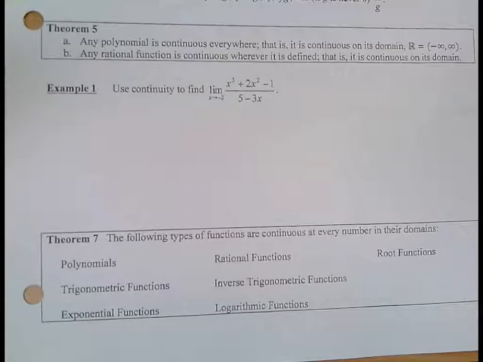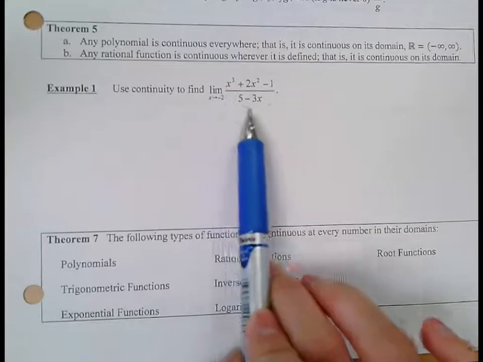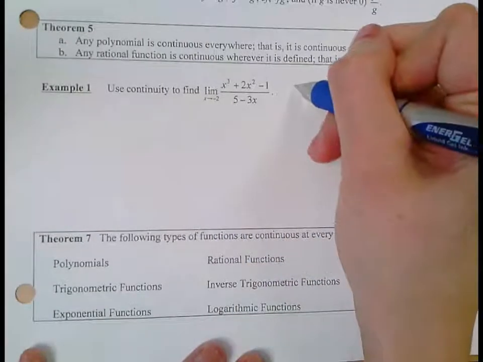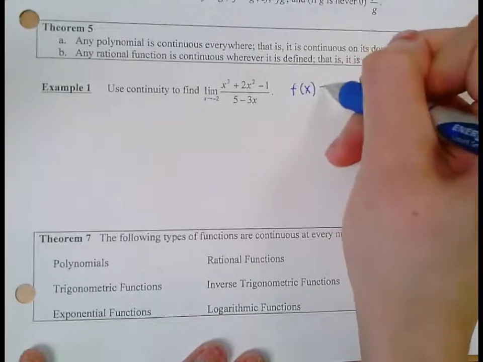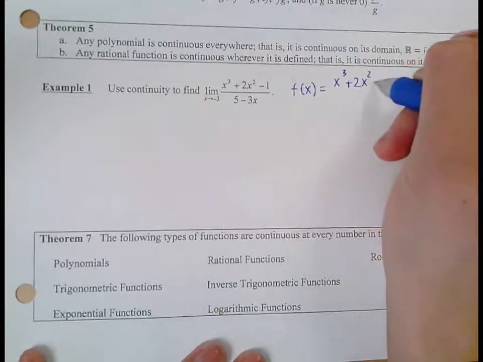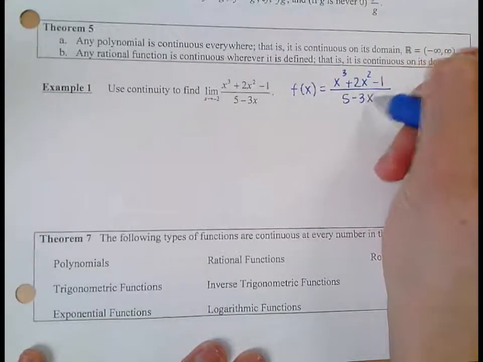Now, in general, you'll just be finding the limit, but again, to understand how continuity ties to this. Using continuity to find the limit, we would say this expression that's in your limit is your function. So I'm just going to say here f of x is the function x cubed plus 2x squared minus 1 all over 5 minus 3x.